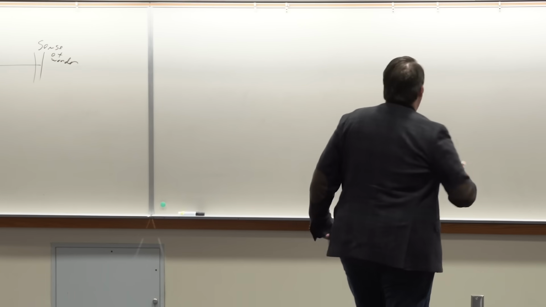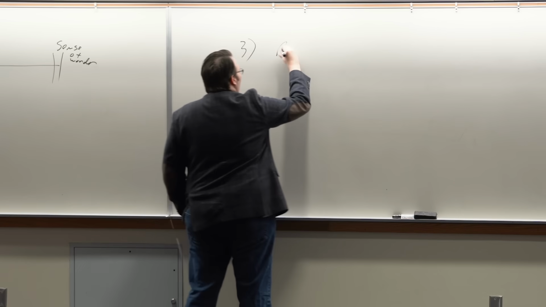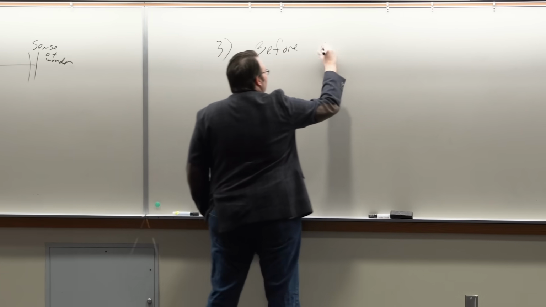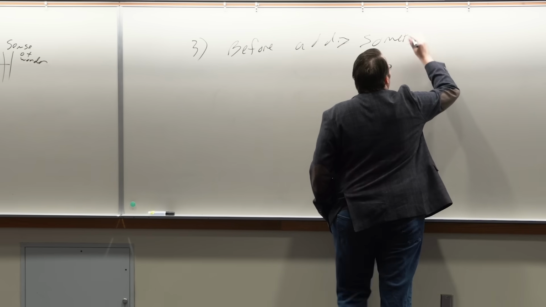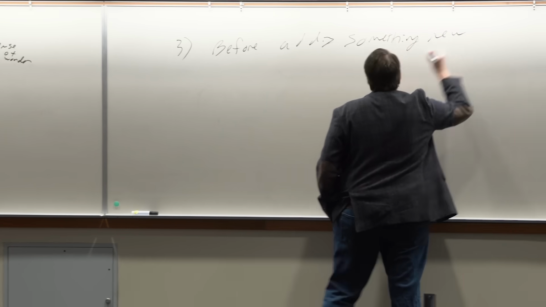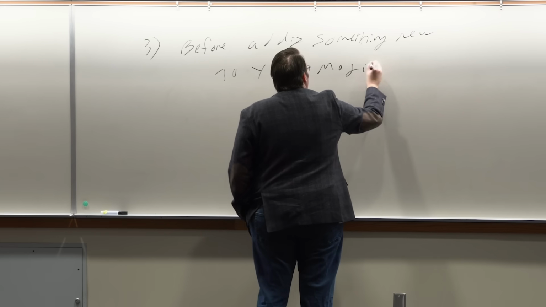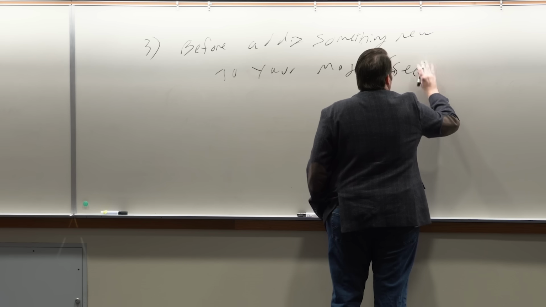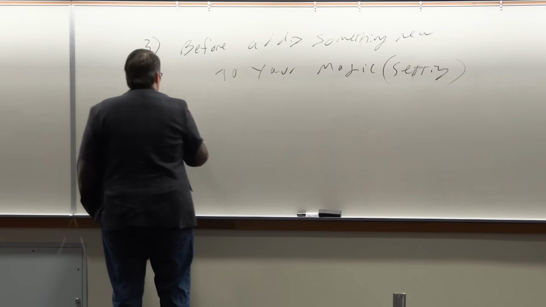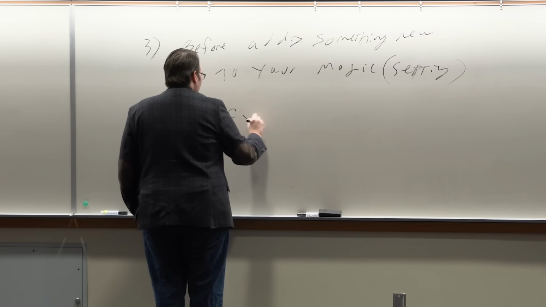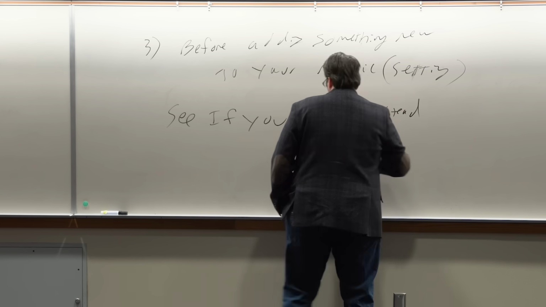And so Sanderson's Third Law is where I realized that before adding something new to your magic, and I will put your setting in general, see if you can instead expand what you have.